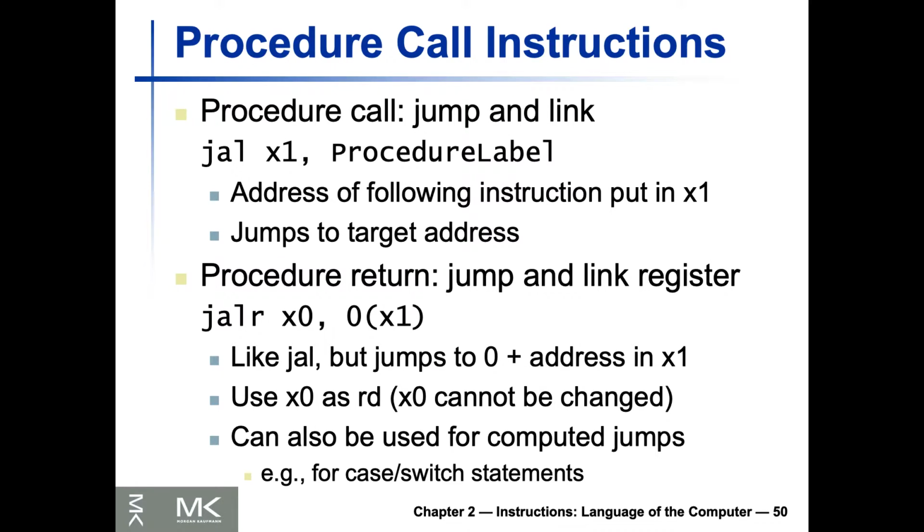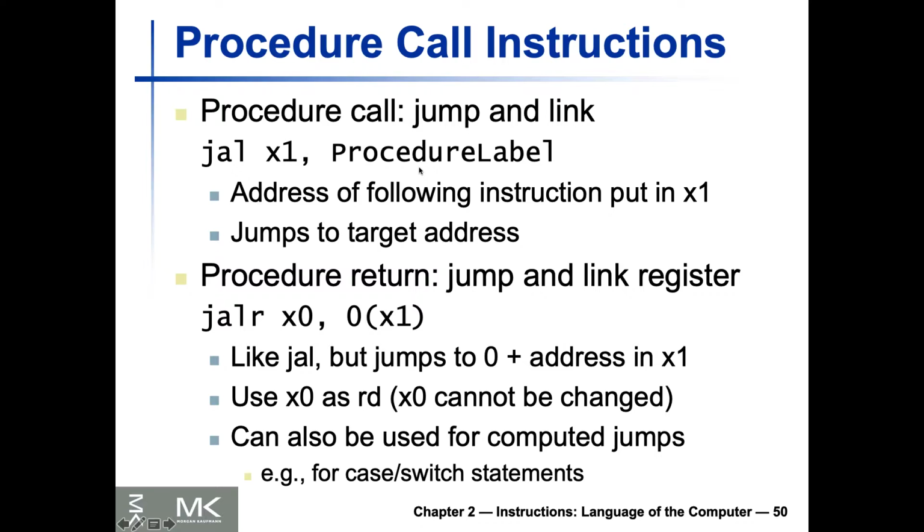Because of doing a procedure, let's get to know some other operations here. So JAL and JALR, so jump and link register are these procedure ISAs that we're going to use in RISC-V. So the first one, jump and link, is actually jump to the procedure label that we annotated with the name of the procedure.